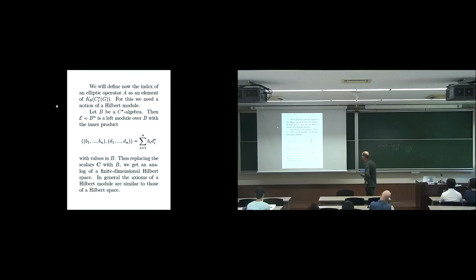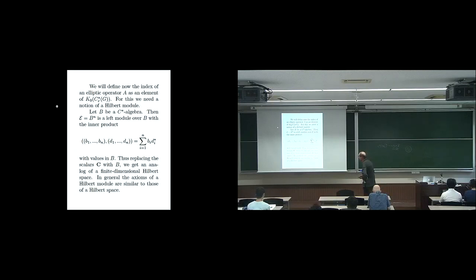You take the sum from 1 to n of the corresponding coordinates, taking the adjoint in the second coordinates. This will be an element of B. And this is very similar to the usual Euclidean scalar product.